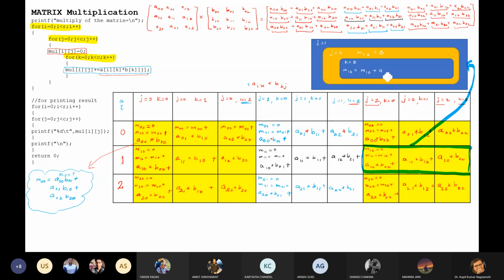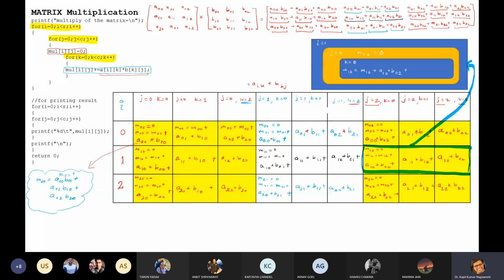A i k, where I is 1 and k is 0, multiplied by b k j, where k is 0 and j is 2. Now the next loop will start executing and this will become the new M12.